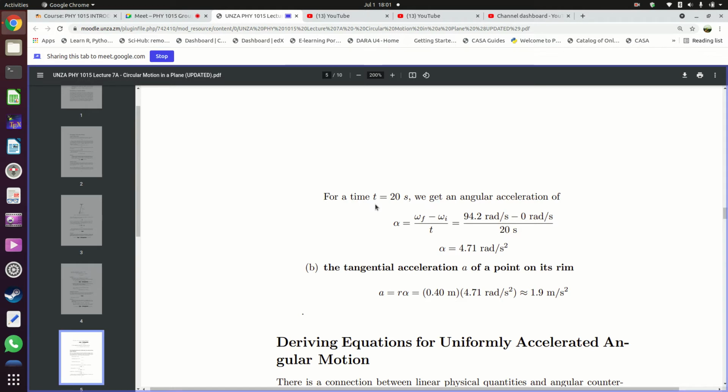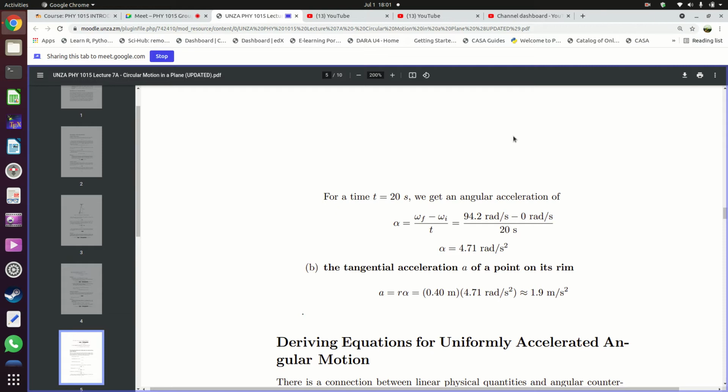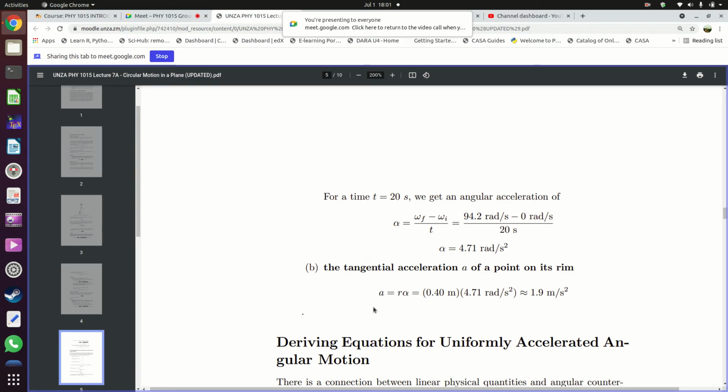Can you repeat the question? Yes. a is acceleration in a straight line.